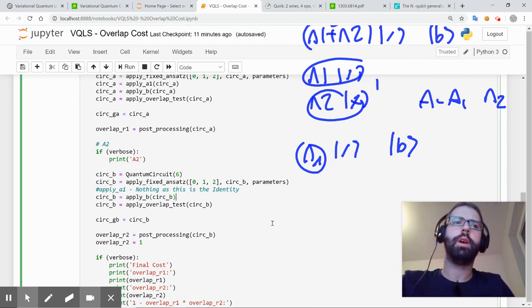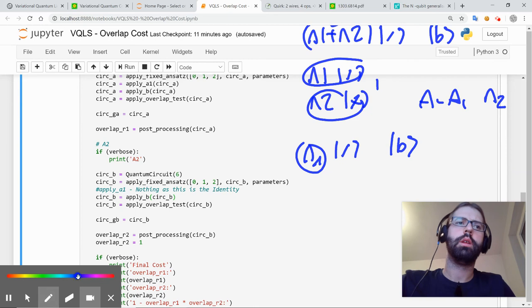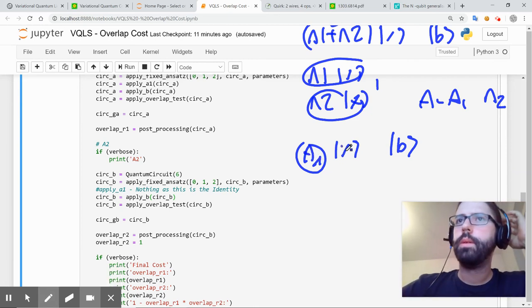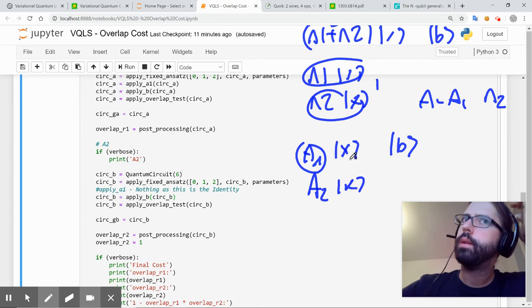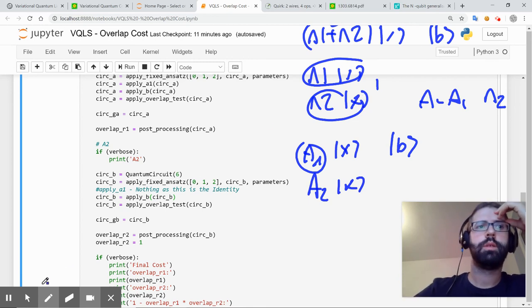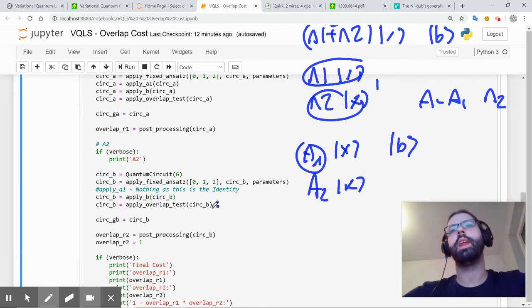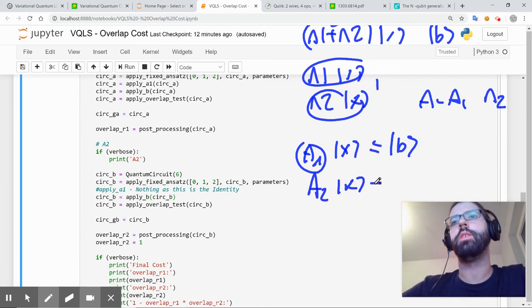But if you try to find, then you have A2, and so you're trying to find an X that maximizes the overlap of each of those. That's what you're trying to do.